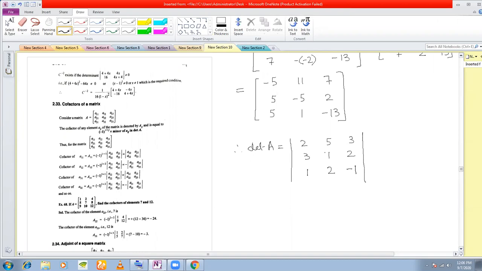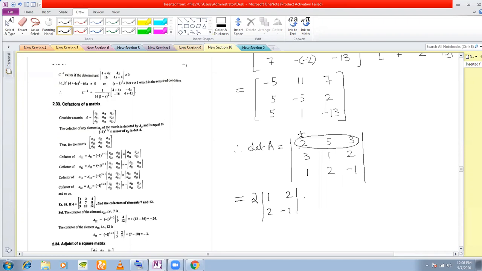We have formed the determinant of the matrix. Now we'll find out its value. Expand by the first row. No operations needed, you can expand directly. First element 2. Now hide the first row and the first column. So you get 1, 2, 2, minus 1. This is obviously your plus position.